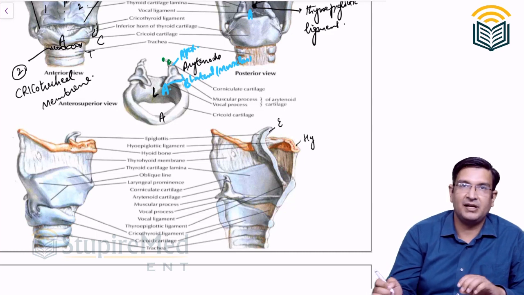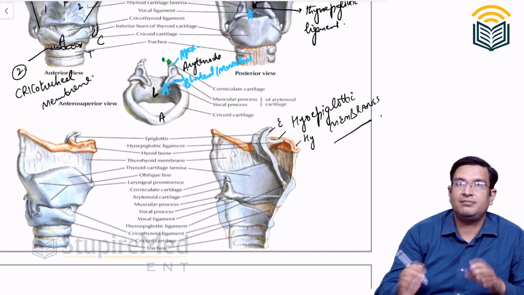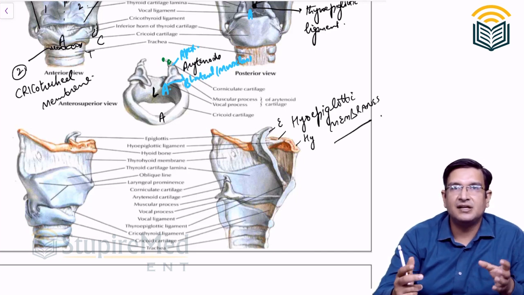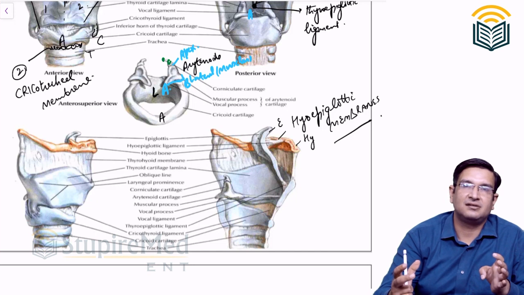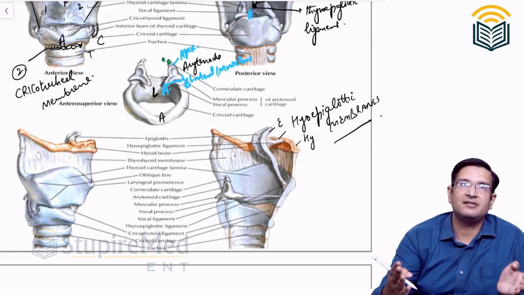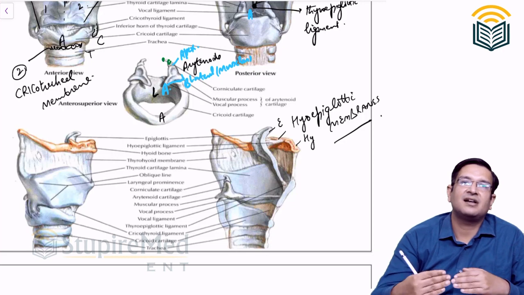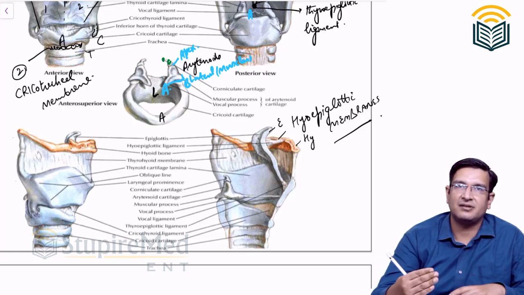The membrane between them is the hyoepiglottic membrane. These membranes or ligaments give strength to the laryngeal cartilages. Those which connect the laryngeal cartilages to other structures are called extrinsic membranes, and the ones which connect the laryngeal cartilages with each other are the intrinsic membranes.